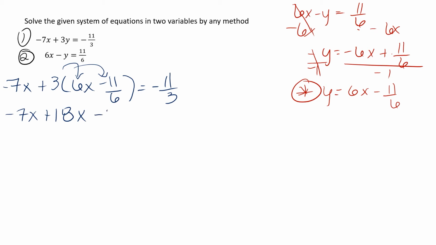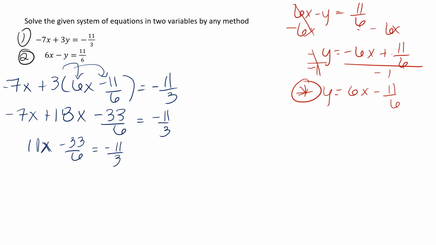So I get negative 33 over 6 equals negative 11 over 3. Okay, from here I want to combine like terms. So I'm going to combine my negative 7x plus my 18x, and from there I get 11x minus 33 over 6 equals negative 11 over 3.